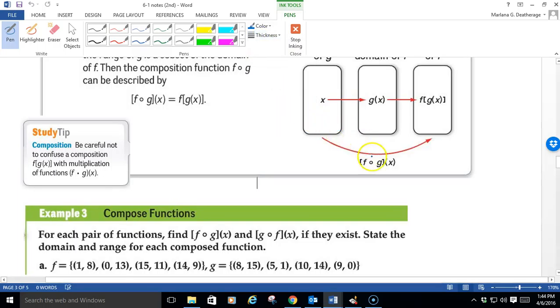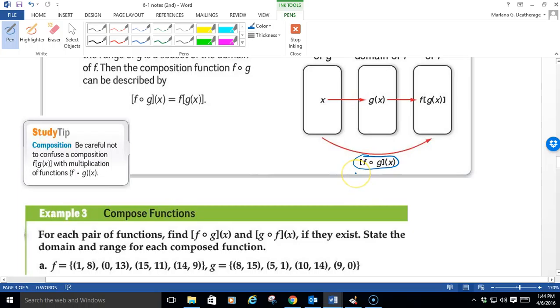Okay. The composition of functions, and this is basically what this means. You take a value and put it into one function, get the result, and then put it into the other function. Okay? So this is composition notation. It looks like f circle g. Except sometimes, it may not be f of x and g of x you're working with.